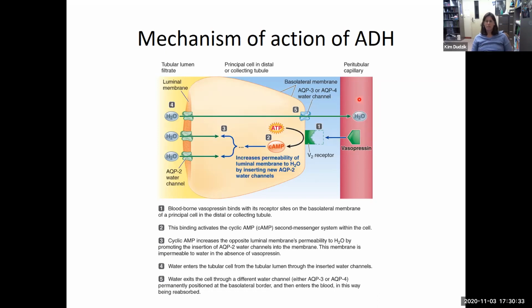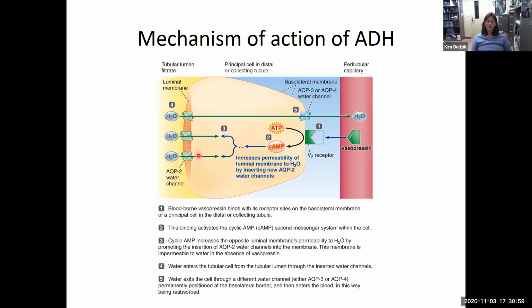So the brain released ADH, it's traveling in the blood, it binds to the receptor. When it does, that sets up a cyclic AMP cascade, which causes the DNA to put together these protein transporters called aquaporins. An aquaporin is a water channel.